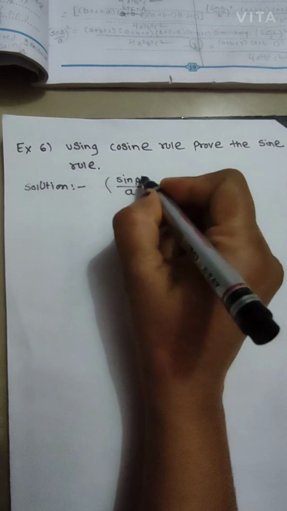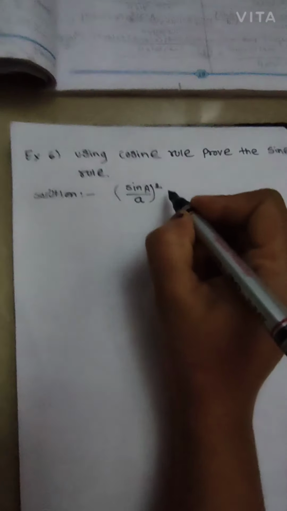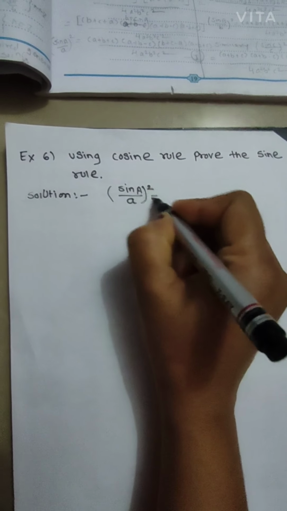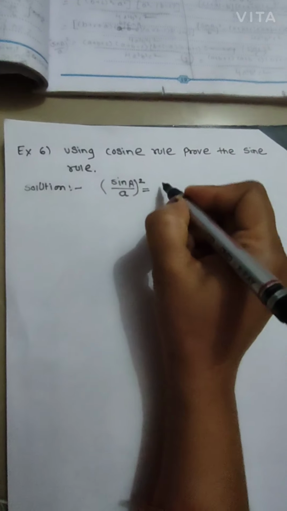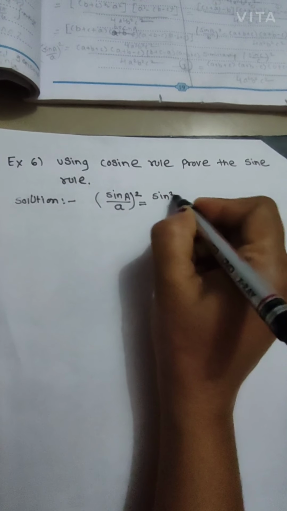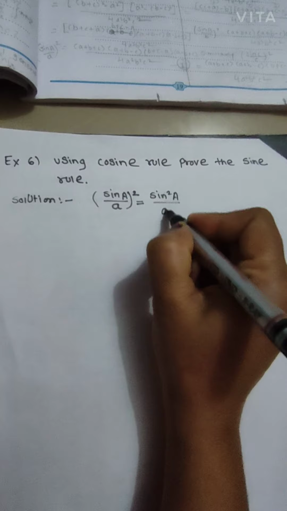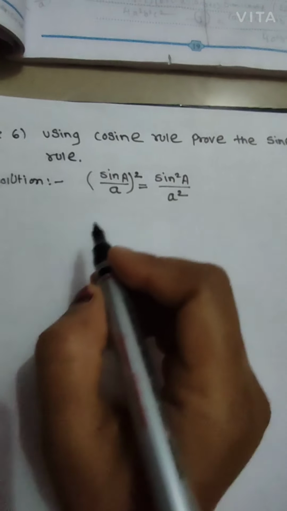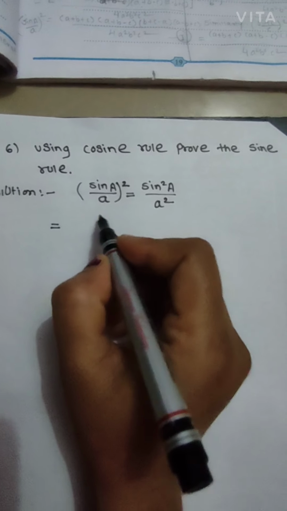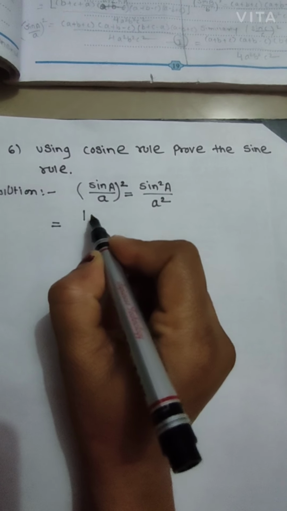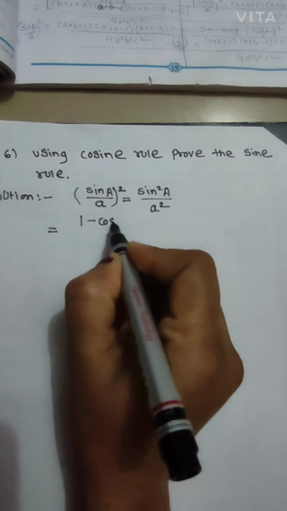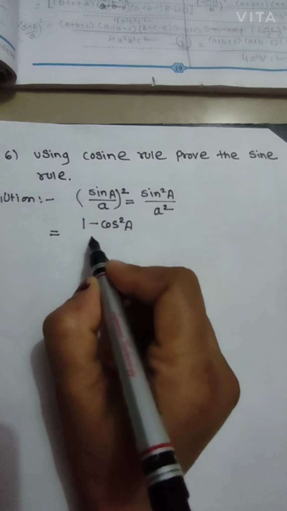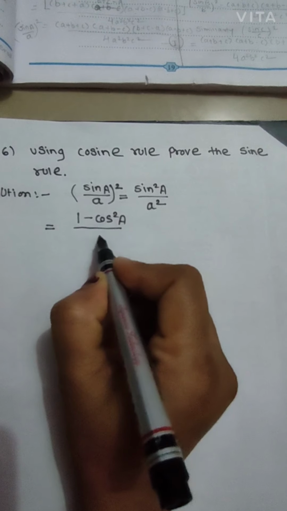Now taking square, sine square A over a square. Next, by the identity formula, we can write sine square A in the form of 1 minus cos square A over a square.